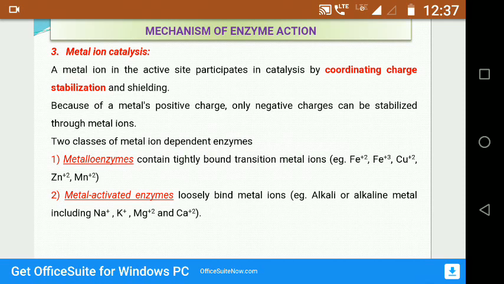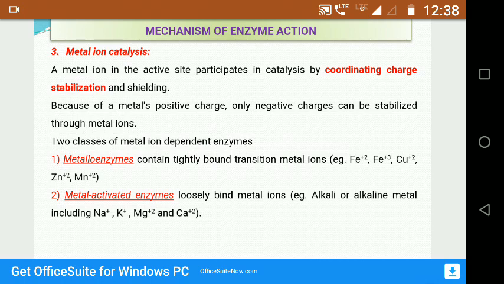In that, we have discussed two important mechanisms. First one is acid-base catalysis and second one is covalent catalysis. And third one is metal ion catalysis. In the metal ion catalysis, I have briefly described how some metal ions bind to the active site of the enzyme, and because of their positive charge they will stabilize the negative charge on the substrate and the transition state as well.